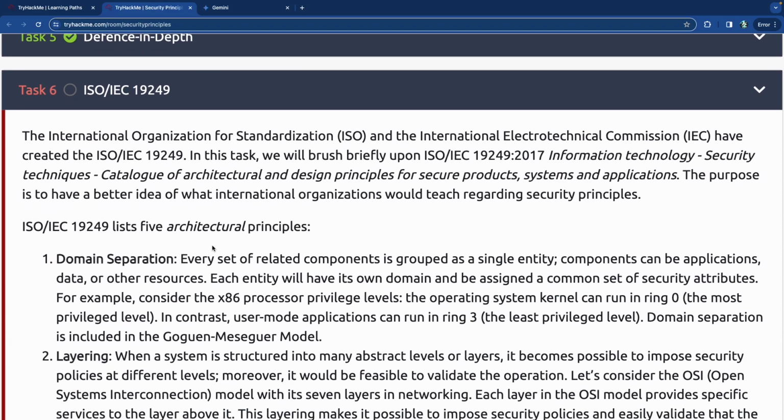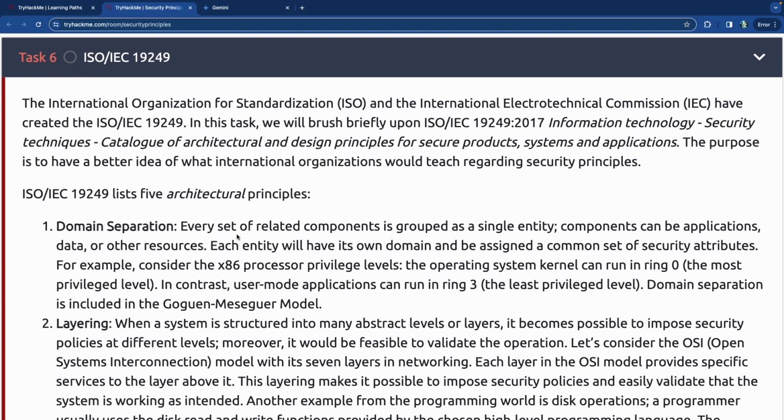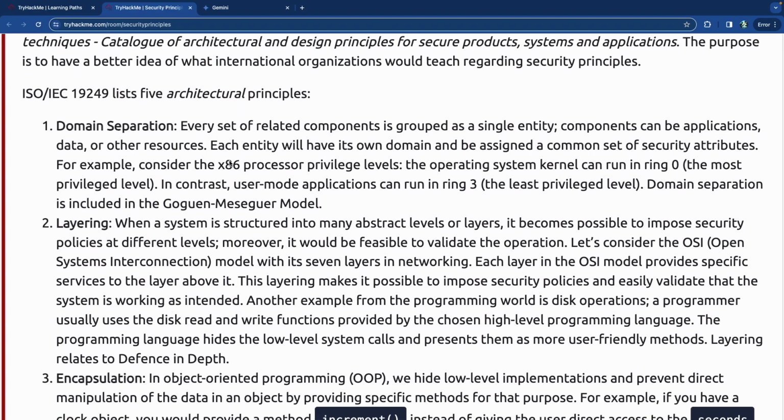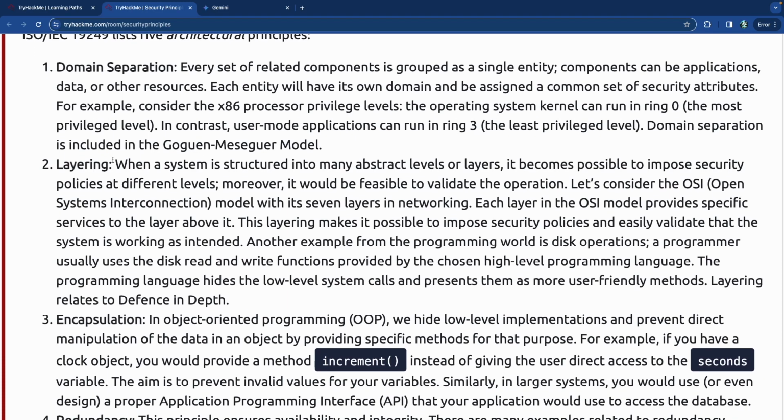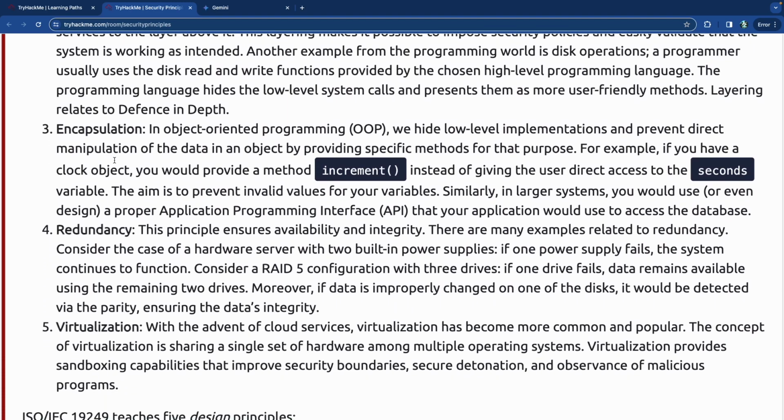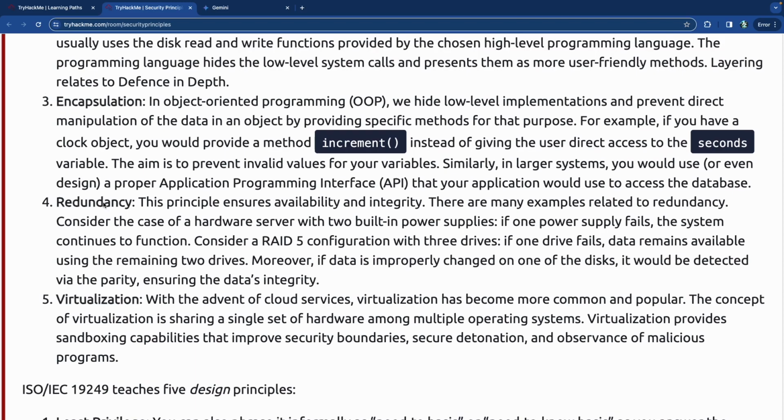In this task, we'll touch briefly upon it, which is Information Technology Security Techniques, Catalog of Architectural and Design Principles for Secure Products, Systems and Applications. The purpose is to have a better idea of what international organizations would teach regarding security principles. So, it lists 5 architectural principles. We have domain separation, layering, encapsulation, redundancy, and virtualization.